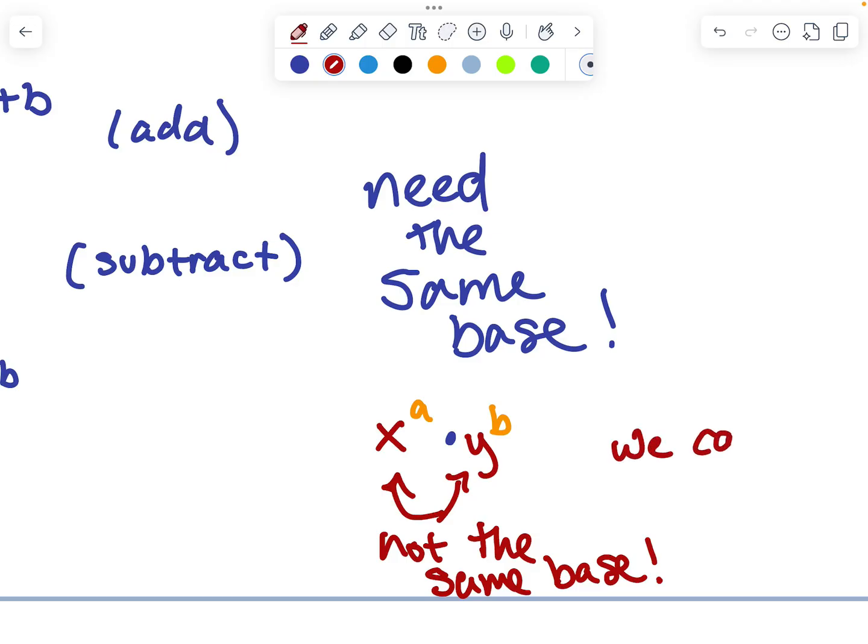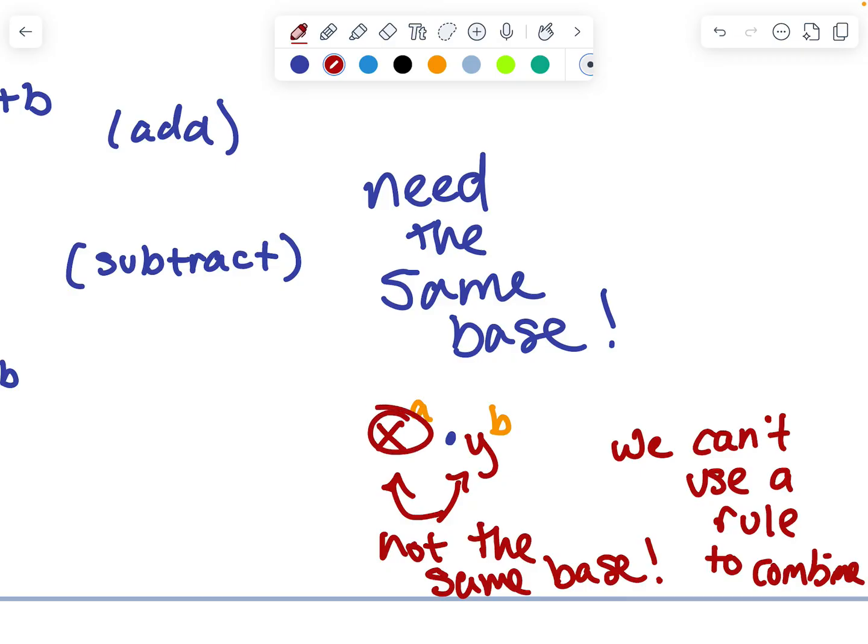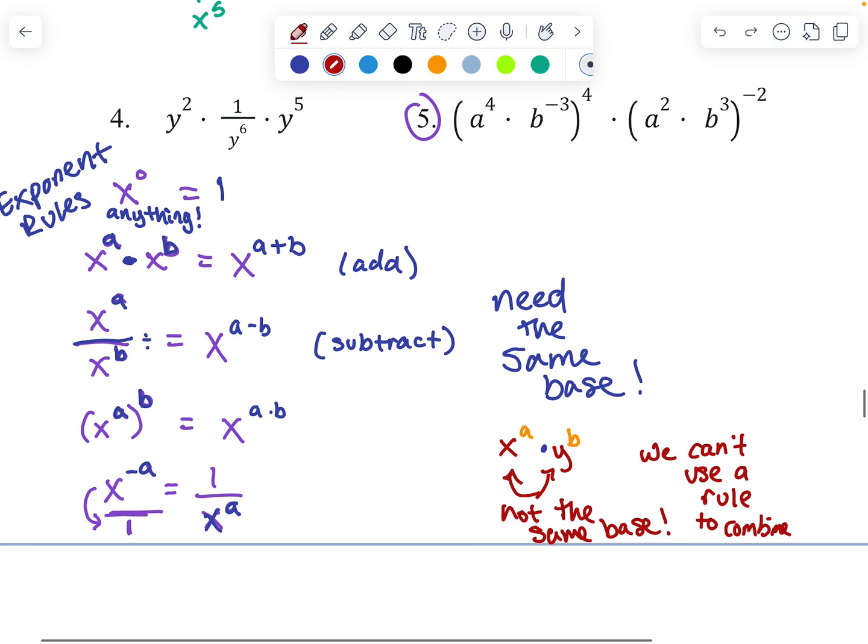So we can't use any of our rules to combine, okay? So focus on the bases. They have to be the same. Otherwise, this is pretty much all the rules you will be using.